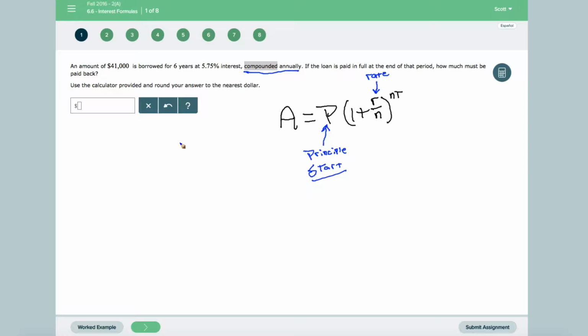It could be compounded quarterly, monthly, and some questions even have it daily. Oh, I guess there's also weekly.